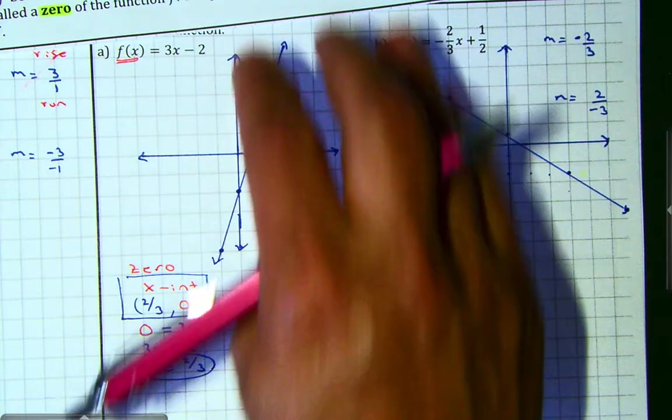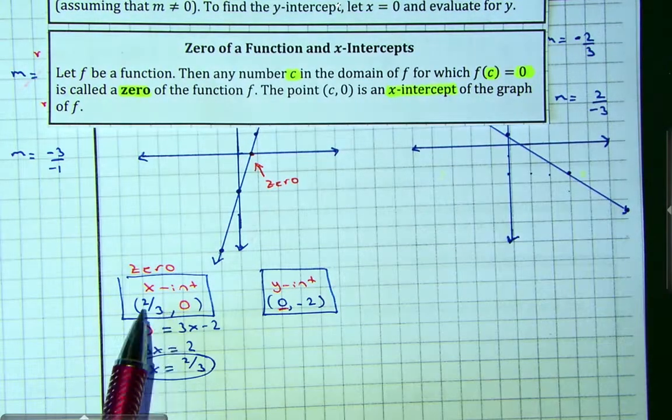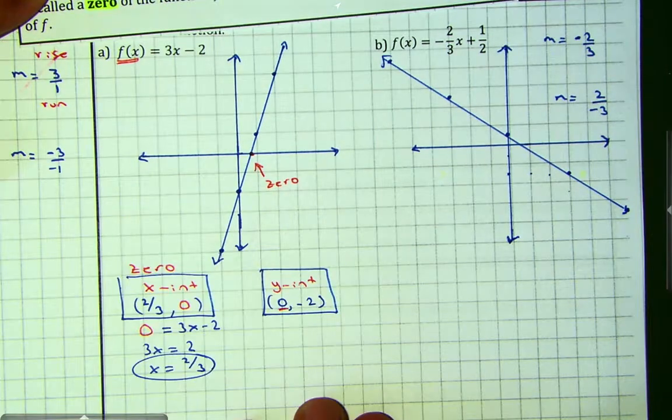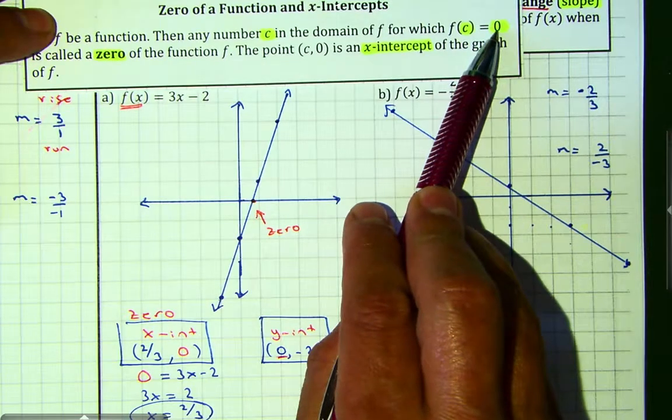And it goes back to when you solved quadratic equations, correct? So if I plug in 2/3 into this function, it should give me 0, correct?